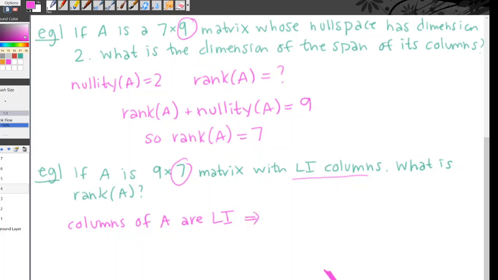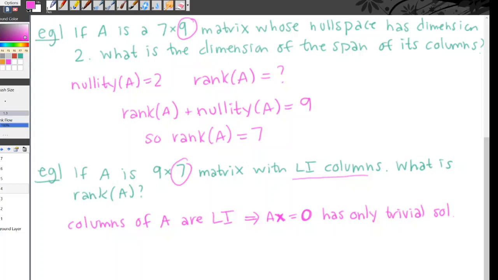So if the columns are linearly independent, that implies that AX equals 0 has only the trivial solution.